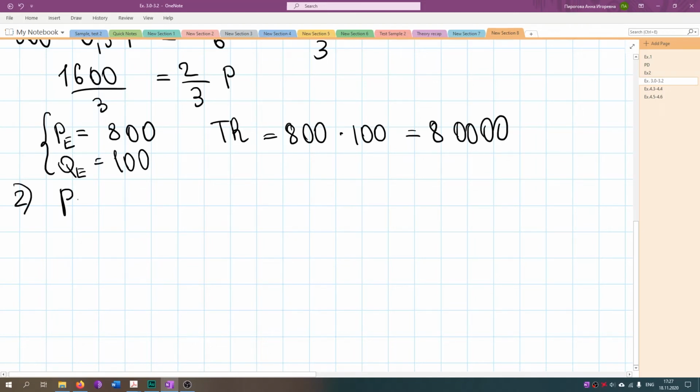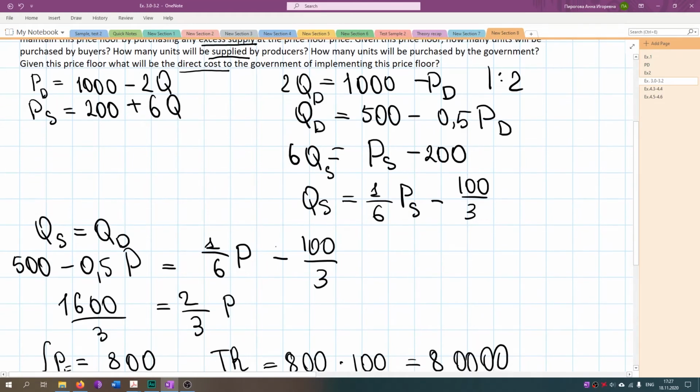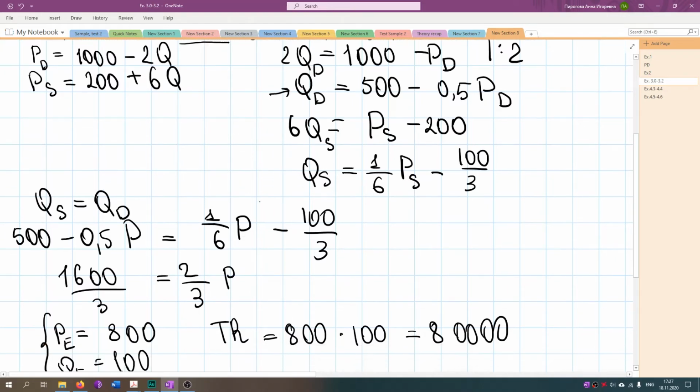So our price floor is 1,000. So let's see how many units will be bought by buyers if the price is 1,000. So let's put it into this equation.